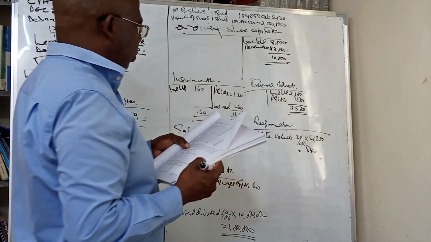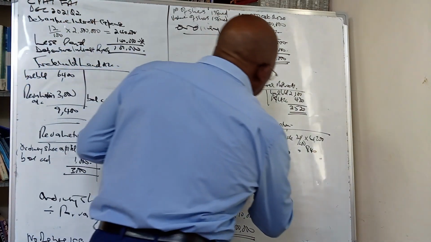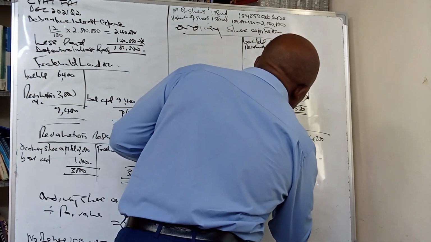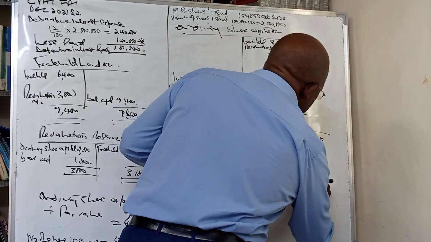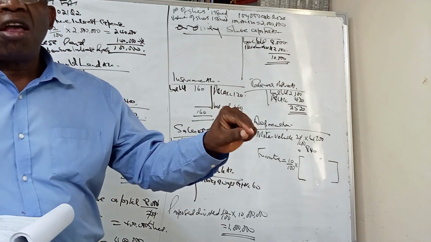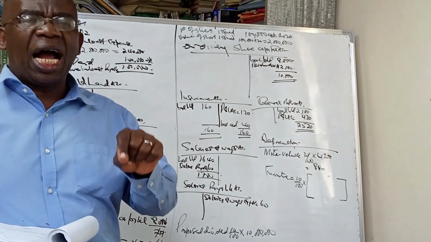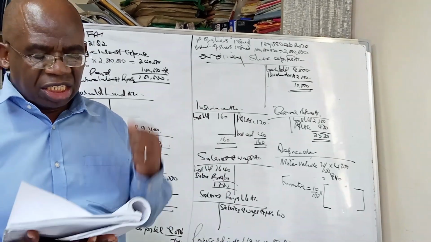Then you are told the one for furniture is 10% on reducing balance. Reducing balance, we always said, you get the original purchase cost minus accumulated depreciation at the beginning of the year, then you multiply by the depreciation rate.